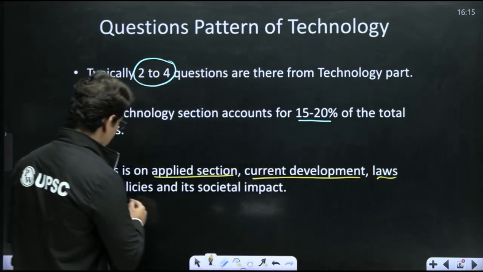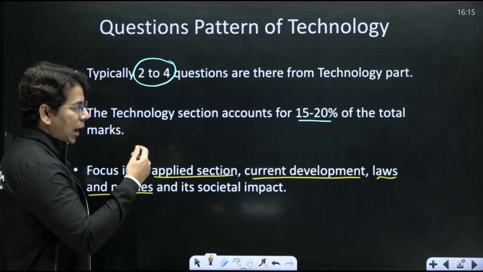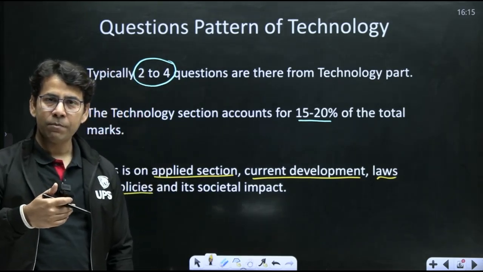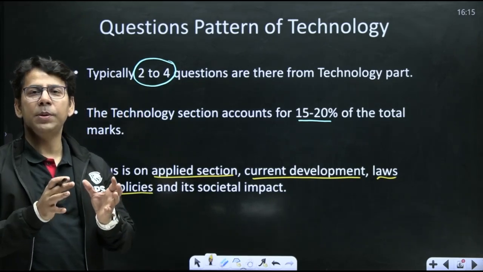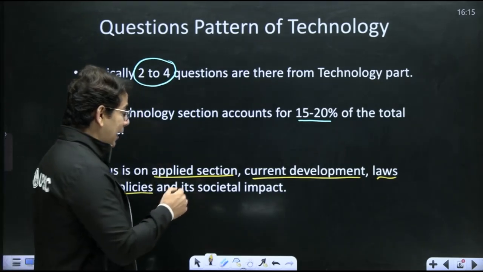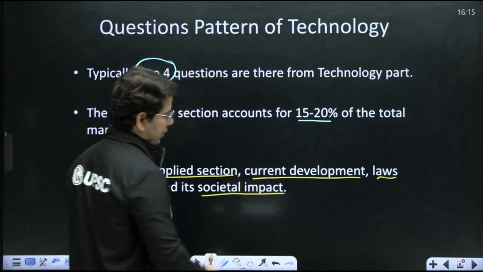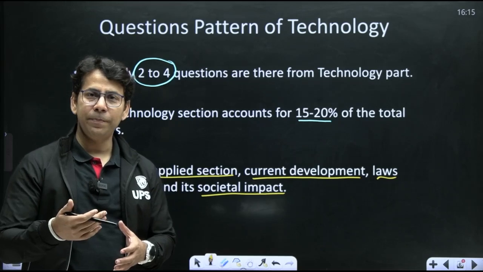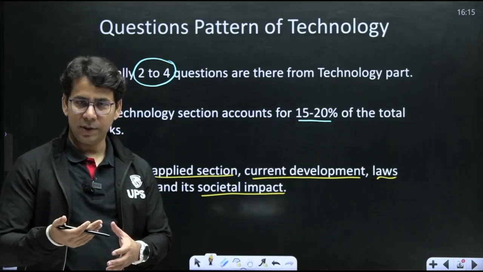They might not ask laws and policies directly, but if laws and policies are there, then that particular area becomes important and questions around that can be framed, right? And the very important thing, societal impact. Societal impact means what kind of impact it will have on different parts of society, right?